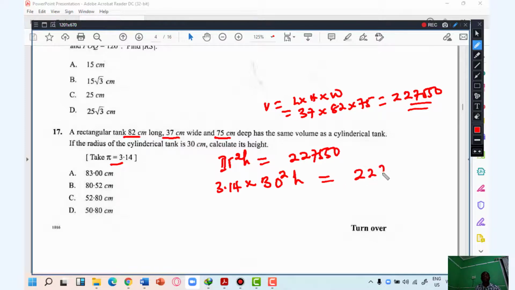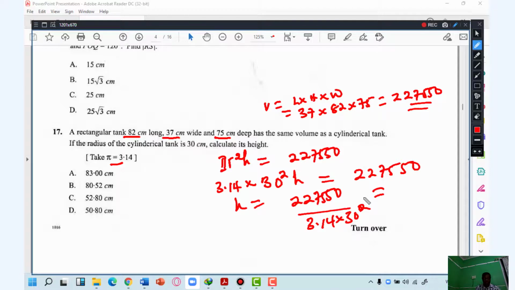It's got to 227,550. So our h is equal to 227,550 over 3.14 times 30 square.